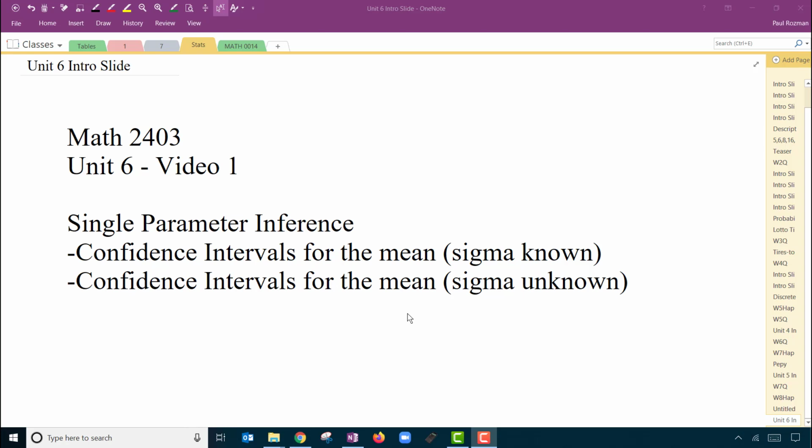We'll do the case where we know the population standard deviation, or the case where sigma is known, and then we'll move on to the more practical case where we don't know the population's standard deviation, or when sigma is unknown. We'll come up with intervals for mu based off of sample data. And we'll be able to come up with ways to make decisions using these intervals. So let's get right to it.